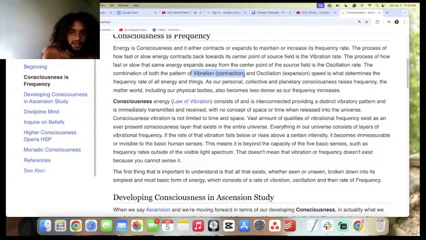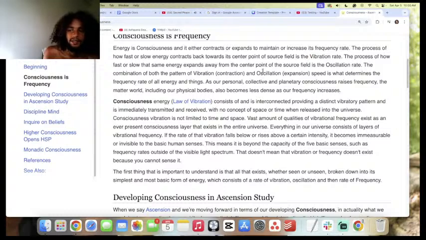Vibration is the rate of contraction of energy. Where is it at? The process, they say the process, right? Makes up the vibration rate. So the process of how fast or slow energy contracts back to its center point of source field is the vibration rate.